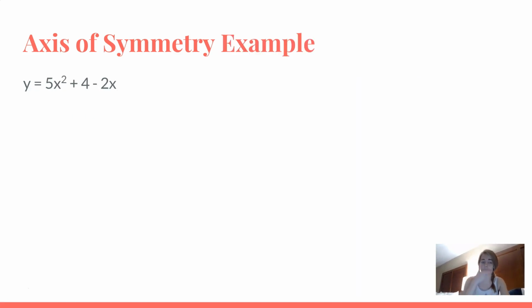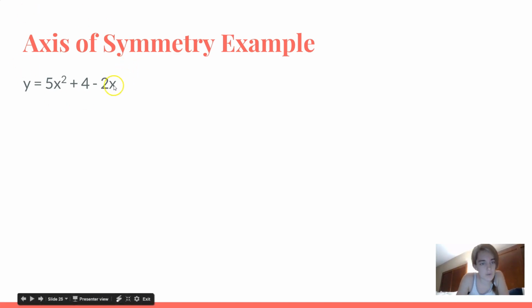So here's another example. I'm not asking you to find the vertex, I want the axis of symmetry. So you're only doing half the work here. Make sure this is simplified and in order. You have to find your ABCs. If it's out of order, your ABCs are going to be a little trickier. So if you said A was 5, B was 4, and C was negative 2, gotcha.